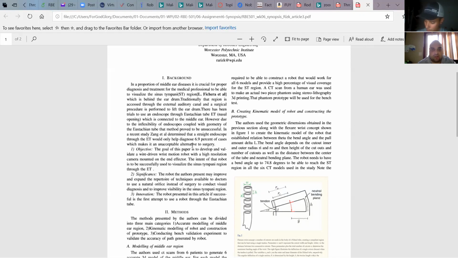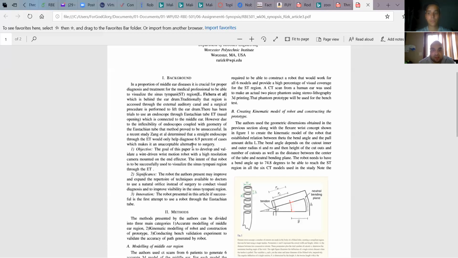The goal of this paper is to develop and validate a wire-driven wrist motion robot with a high resolution camera mounted on the end effector. The intent is to visualize the sinus tympani region, which is the region behind the middle ear, through the Eustachian tube. This way, you do not have to do surgery anymore and lift that eardrum through the auditory canal, but you go from the other side.